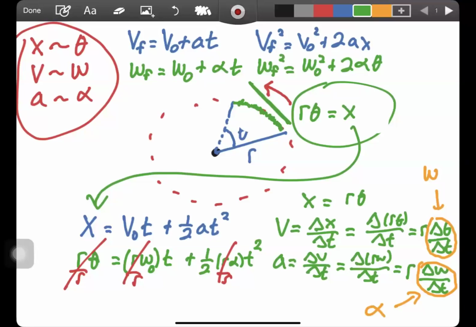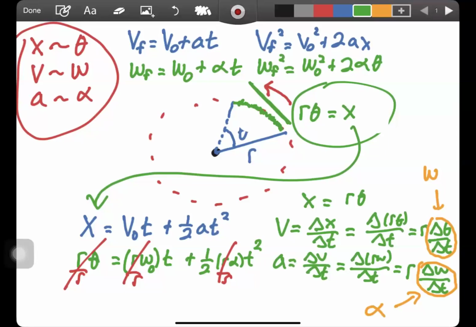Once you make that conversion, you can then figure out the rotational analogs for position and for the change in position and the change in time, and for the change in position over change in time's change in time. It's the same concept as going from position to velocity to acceleration.